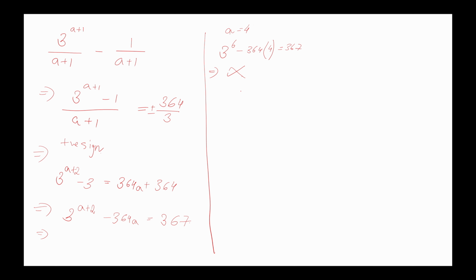Now that means I have to choose a value of a which is greater than 4. From this at least we've understood that a has to be greater than 4. Now let's say I take a equal to 5. This would become 3 to the power 7 minus 364 into 5 equals 367.